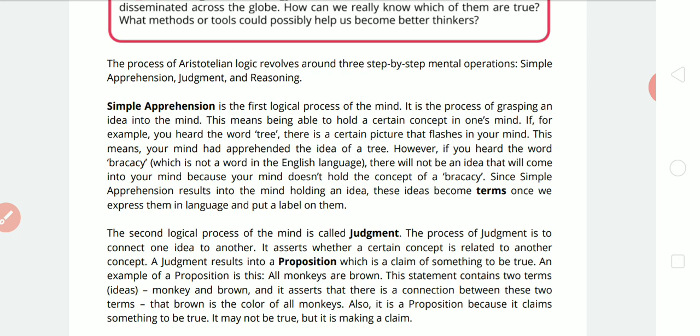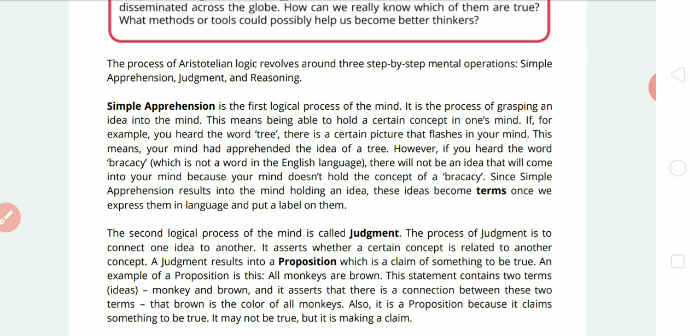It is formed in your mind, and that's because you already know what a tree is, what fruits are, and what the color green is. So this means that your mind had apprehended the idea of a tree. It accepted the idea or concept of whatever a person states.